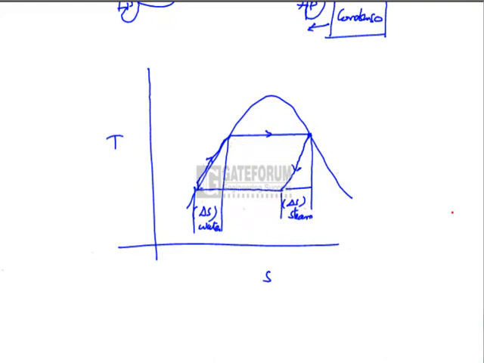So, in the ideal regenerative cycle, it is assumed that the steam is heating the feed water. The delta S of the water shall be equal to the delta S of the steam; this is plus, this is minus.